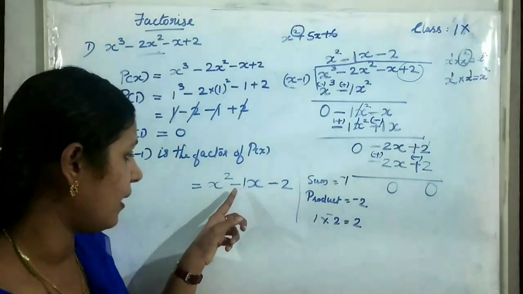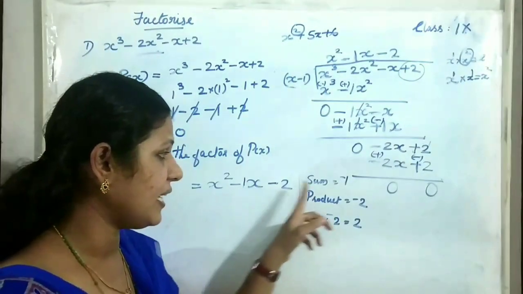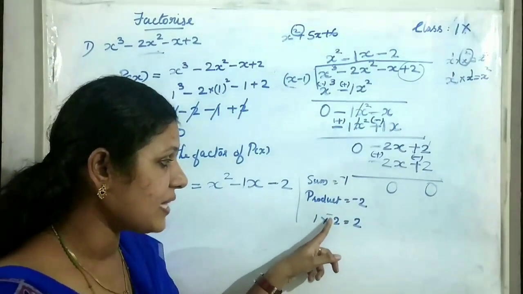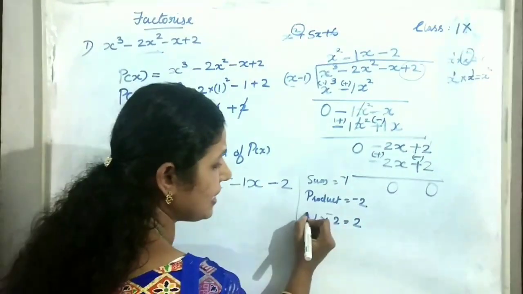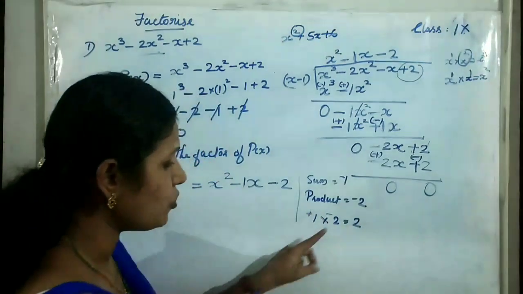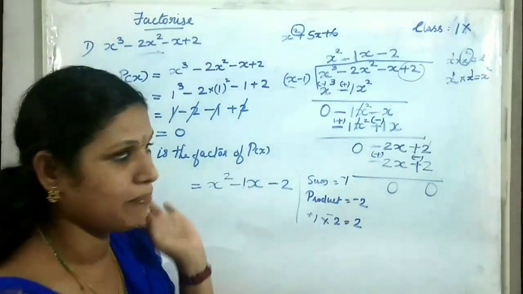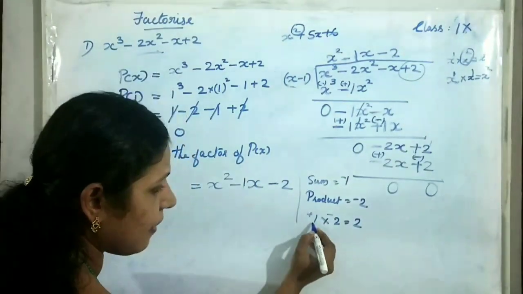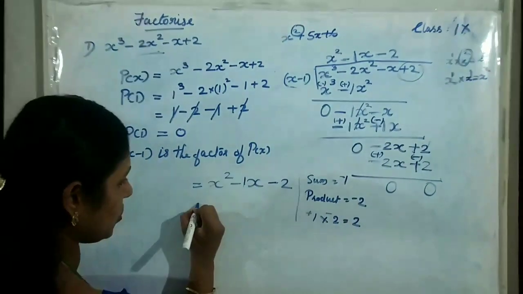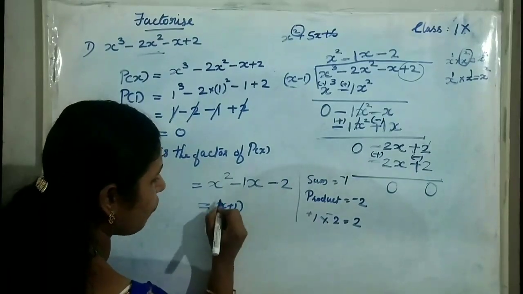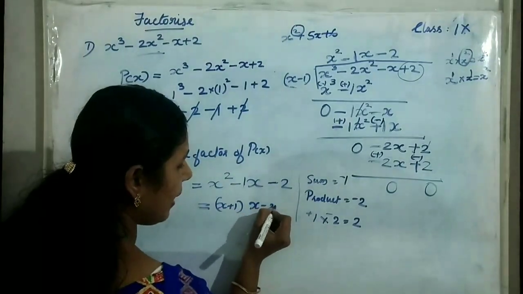So that's why we check the sum sign. Here the sum sign is minus. So that's why the bigger number sign is minus and other is plus. Now 2 minus 1 is 1. The bigger number sign is minus. So we get the numbers as 1 and minus 2. So its answer is x plus 1 and x minus 2.